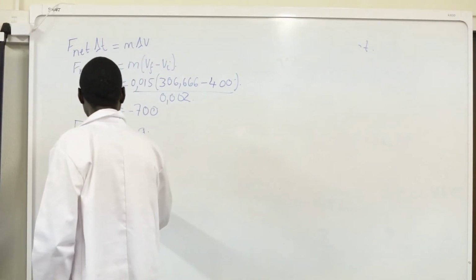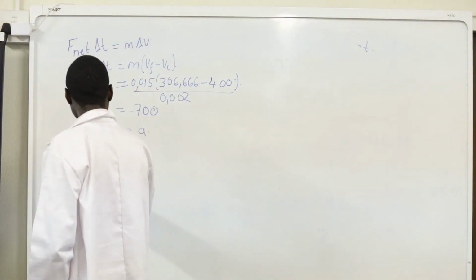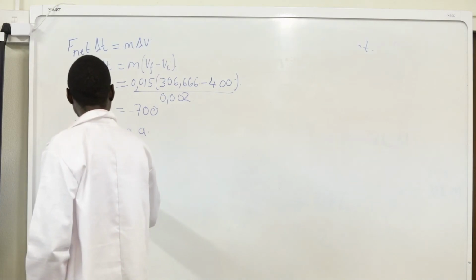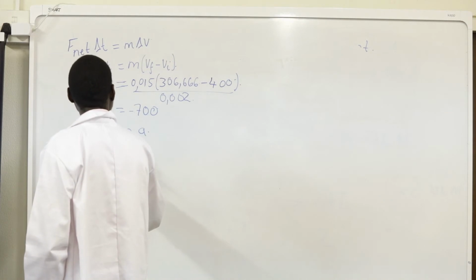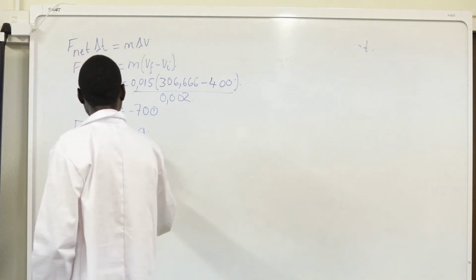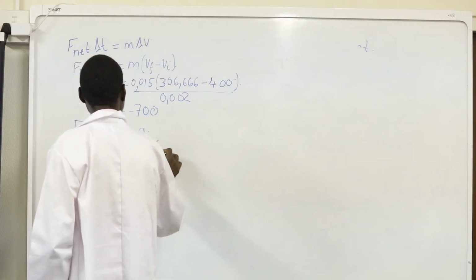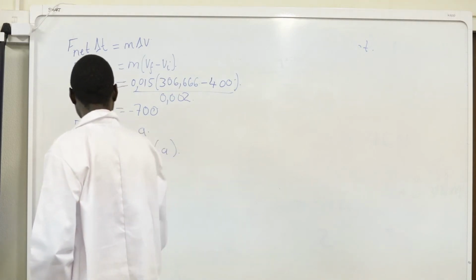So let's see. 700 equals the mass of the bullets, 0,015, multiplied by a.